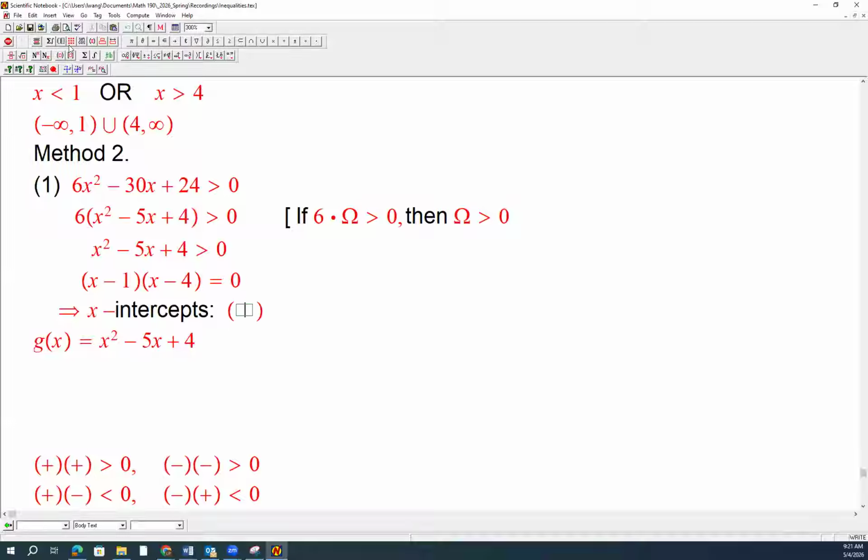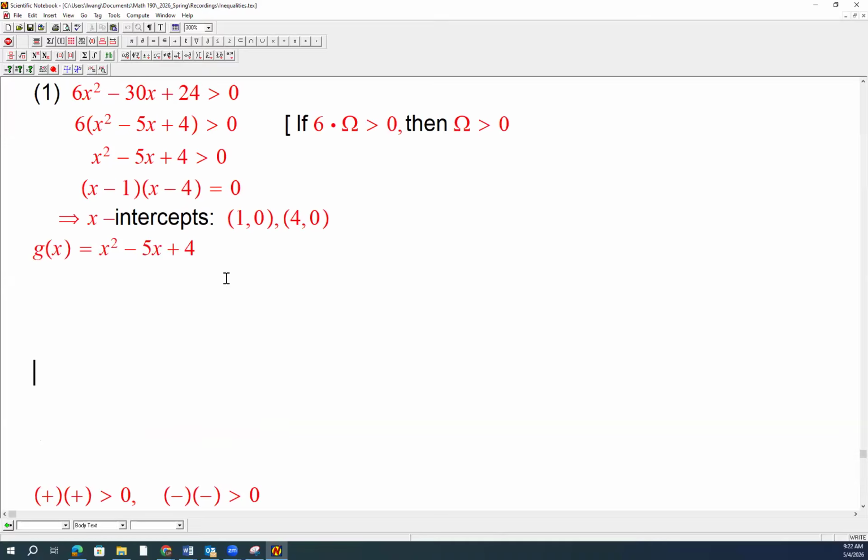These x-intercepts are (1, 0) and (4, 0). And what does that mean?